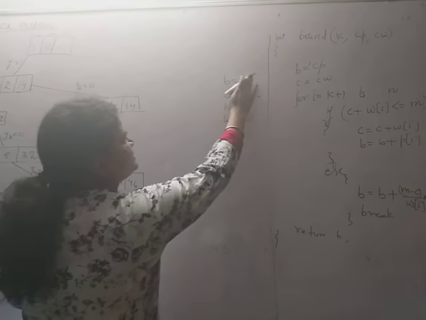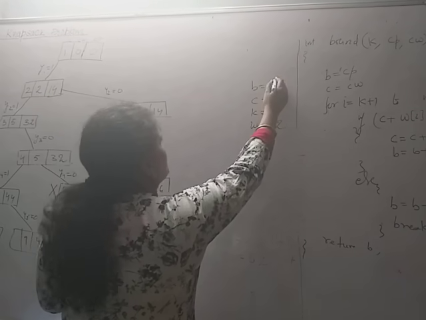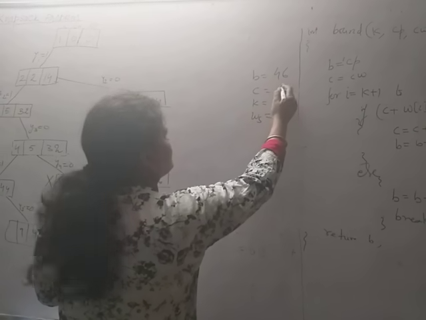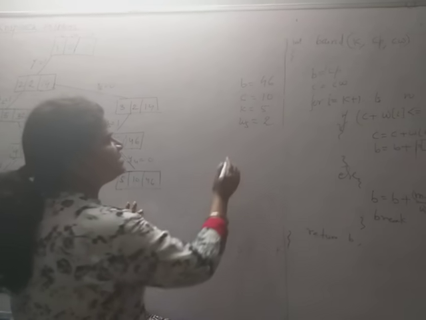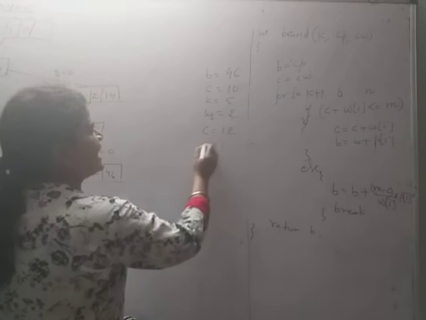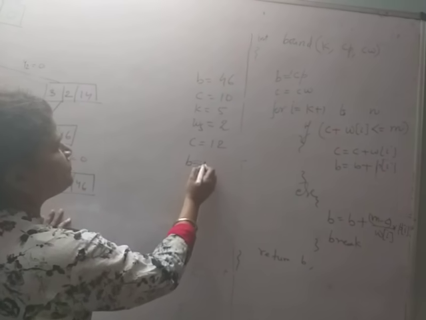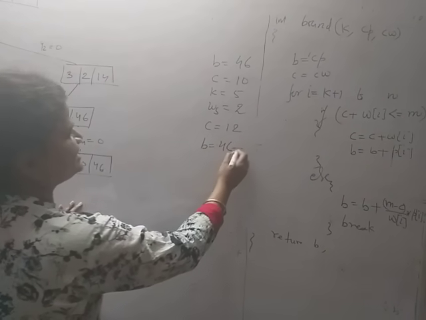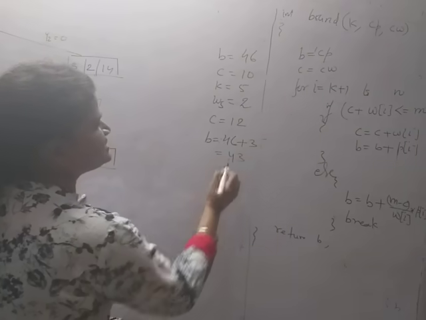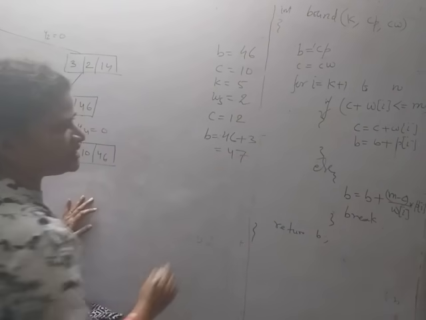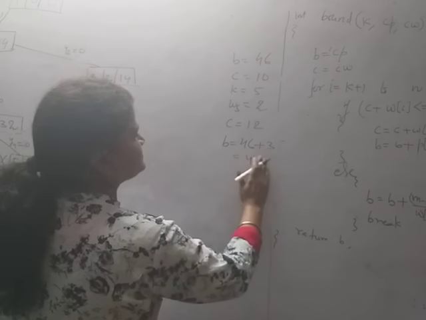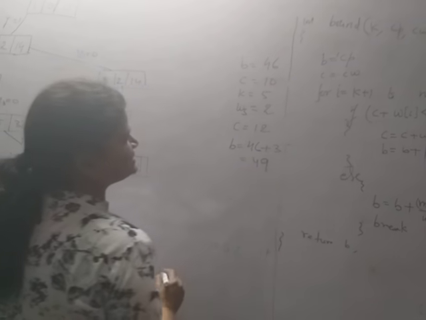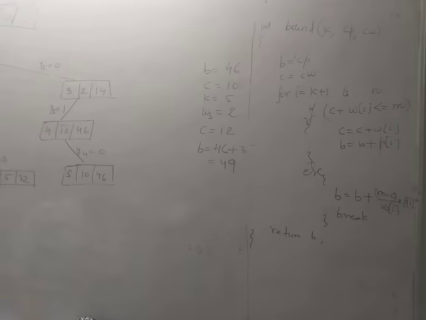Sorry, B is not 10. B is 46 and C is 10. Okay. 10 plus 2, 12. 12 is less than or equal to M. Okay. So C equal to 12 and B equal to 46 plus 3. 46 plus 3 is 49.